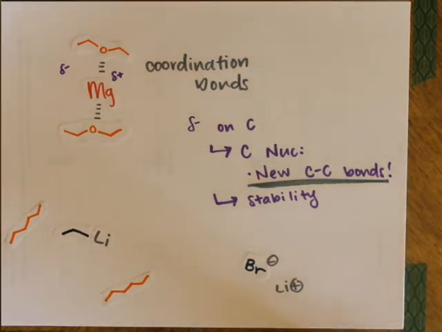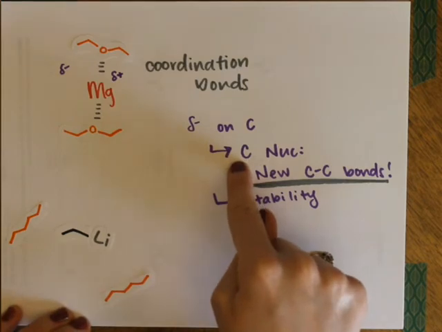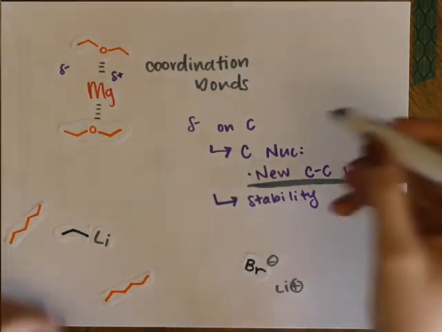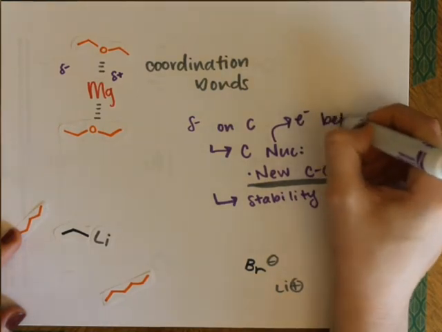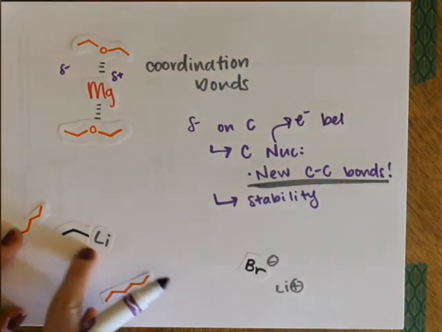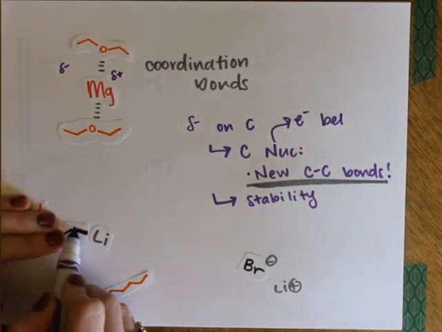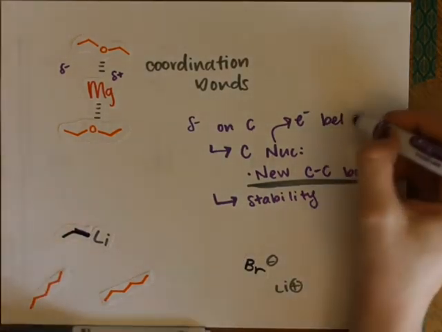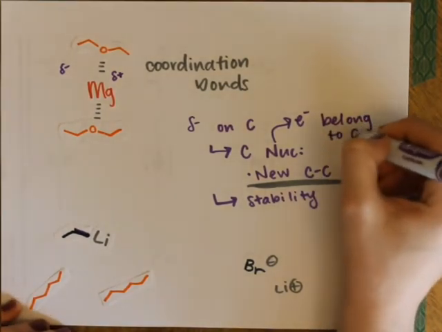Now what we do need to remember here is that the carbon is the nucleophile, which means that the electrons in this bond, the C-Li bond right here, belong to carbon.